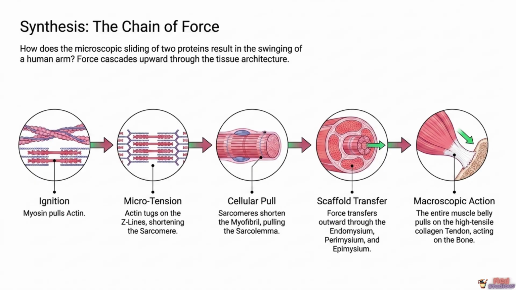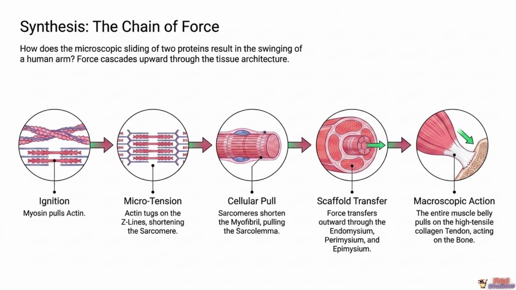Step 3 is cellular pull. Millions of sarcomeres shortening simultaneously shrink the entire myofibril chain, which forcefully pulls on the cell's outer sarcolemma. Step 4 is scaffold transfer. That cellular pulling force is transferred safely outward into the connective tissue wrappings, moving from the endomysium to the perimysium out to the thick epimysium.